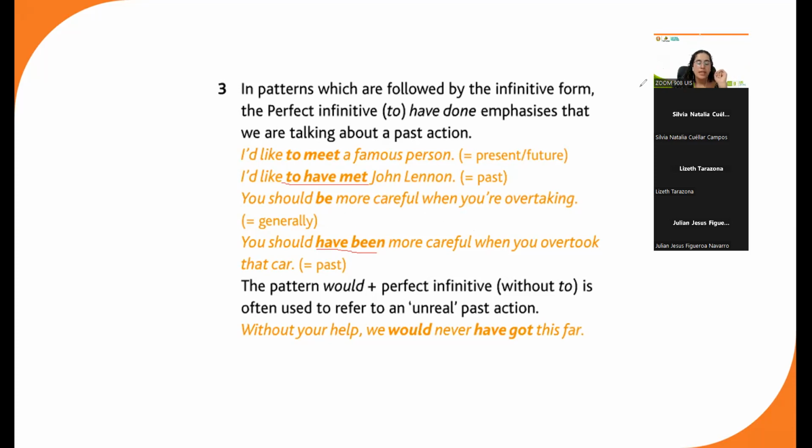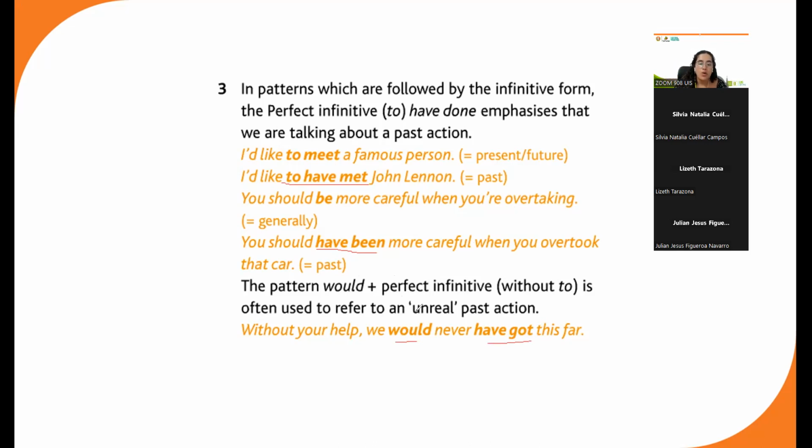Have been. And finally, the pattern "would" plus the perfect infinitive is used to refer to an unreal past action. Okay, let's see the example. What do we have? "Would" plus "have got". Not "would like", but "would have got". This is an unreal past action.